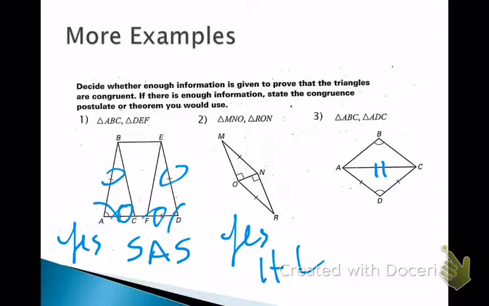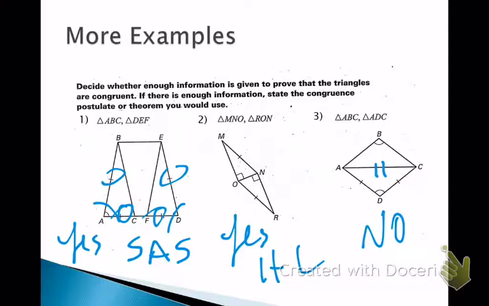But that's it. I would need to know that this side was congruent to this side, let's say, and this side was congruent to that side, let's say. Then we could use side, angle, side, but we don't know that. So no, there's not enough information here. These two are not right triangles, so we can't even use hypotenuse leg. Okay, this is not enough information.